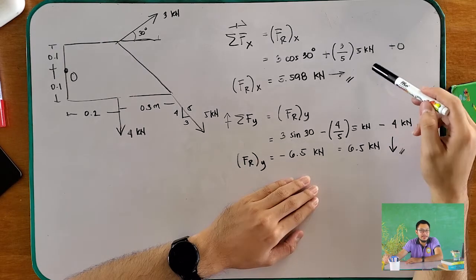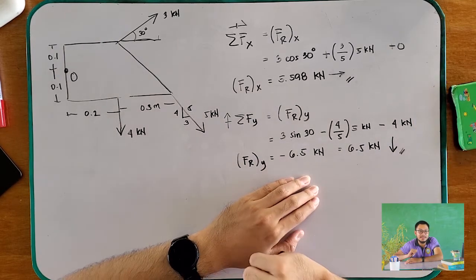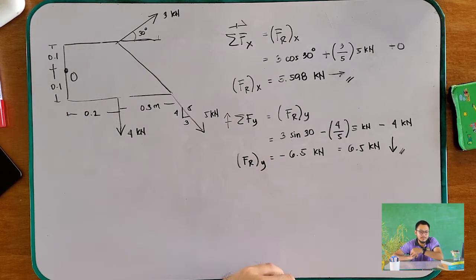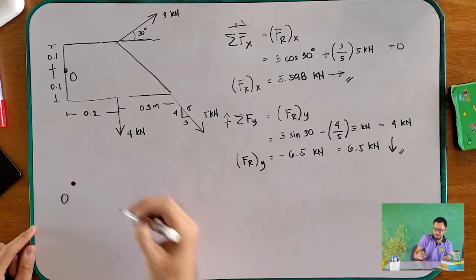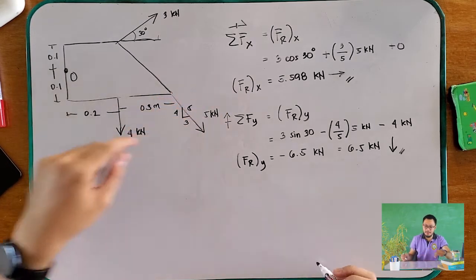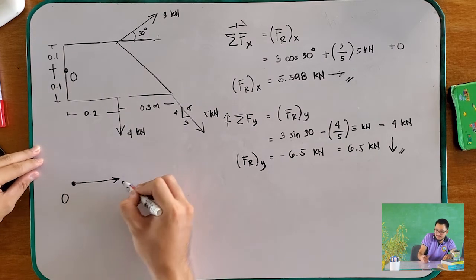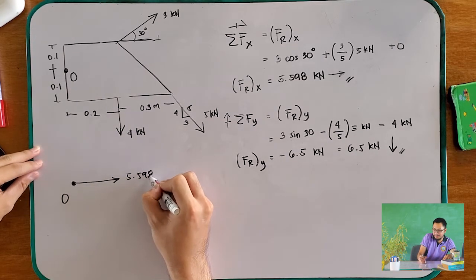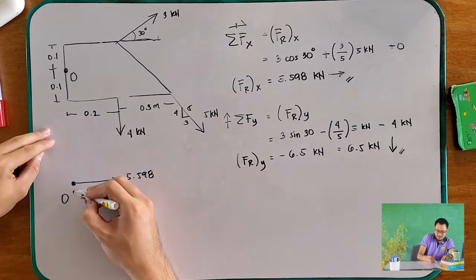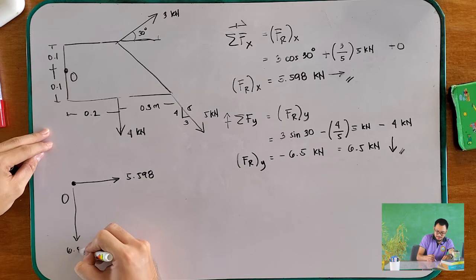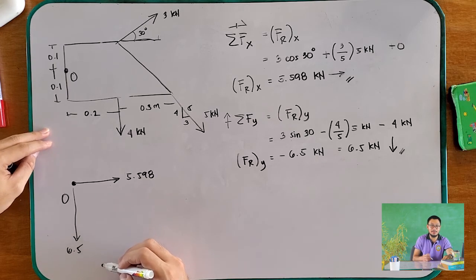Okay? So now we have here the components of the resultant force FR. So karon, what is the magnitude of this one? How to get the magnitude gani? All we have to do is to use Pythagorean theorem. Ang pasabot lang ana, this is your point O, and you determined your FRx as 5.598, and your FRy is 6.5 kilonewtons going down. So, asa ang magnitude sa resultant?